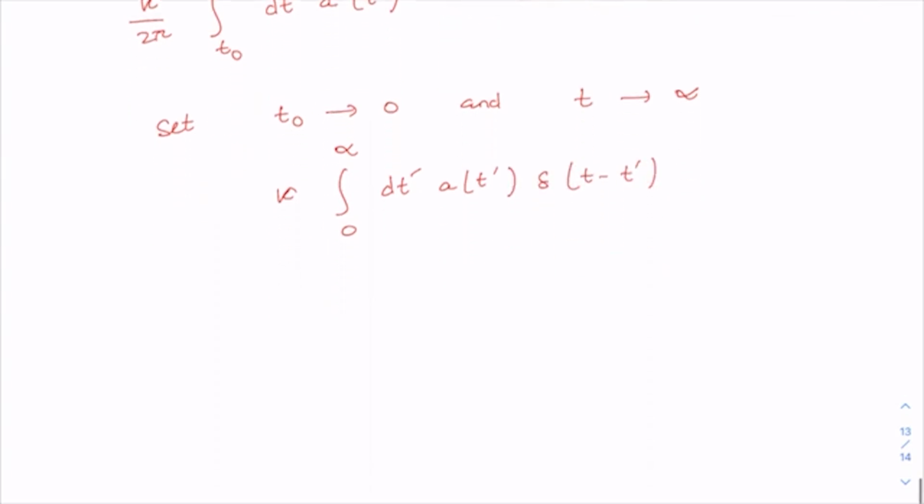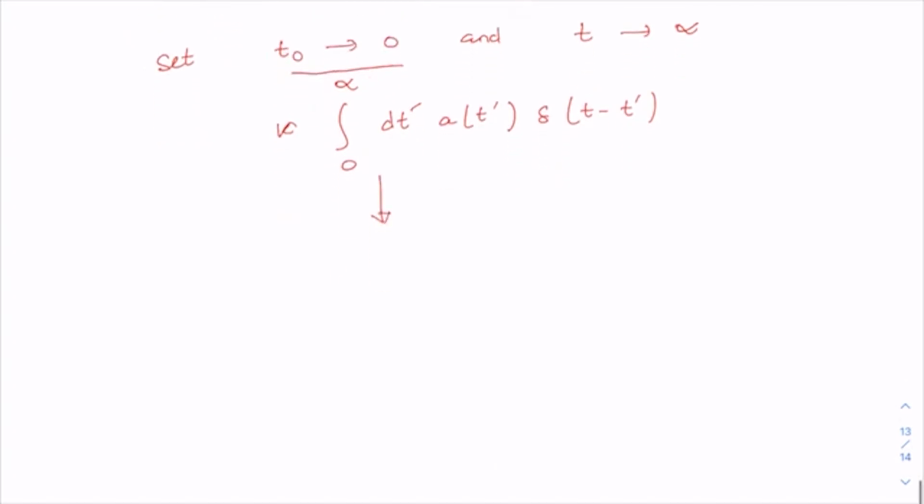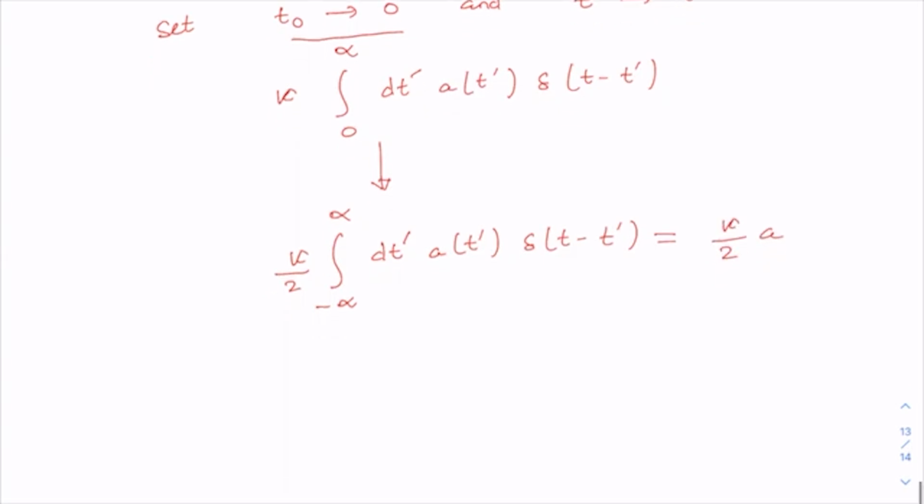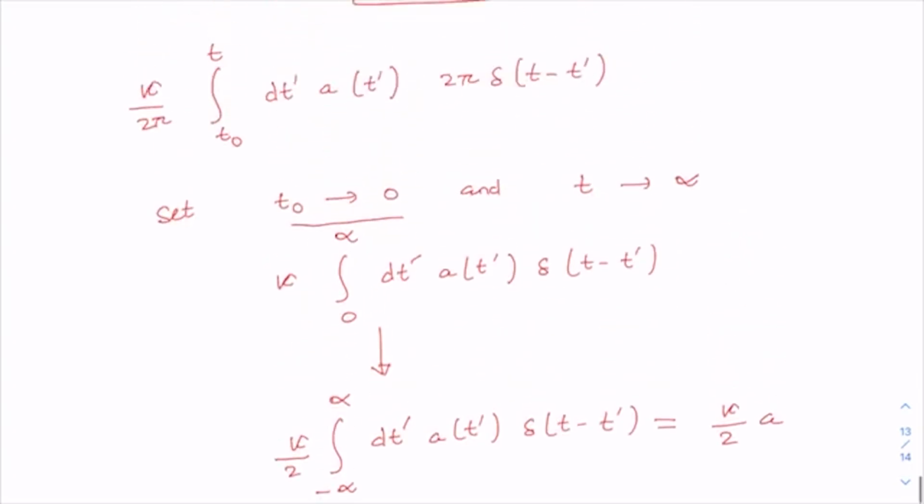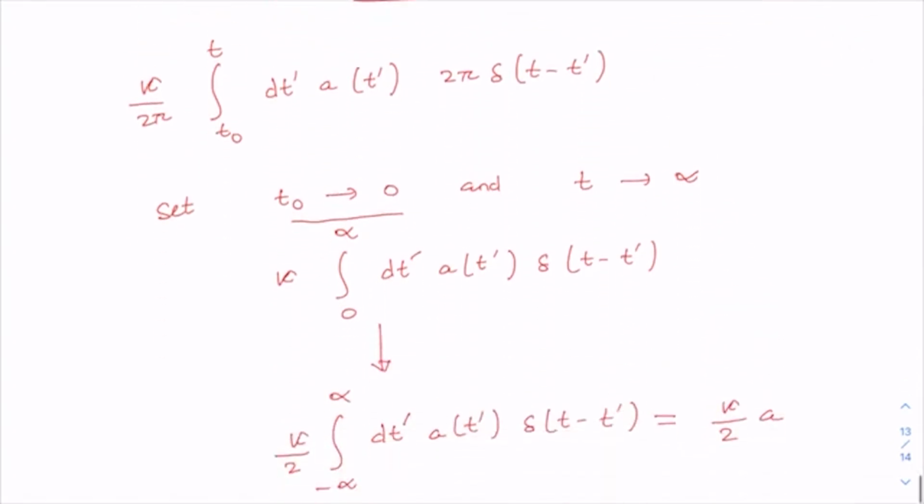But without loss of generality, rather than setting t0 at 0, we can set it at minus infinity, and then, because we are setting it at minus infinity, we have to divide by half, and we have dt dash a of t dash delta t minus t dash. Now applying the property of the Dirac delta function, this gives kappa by 2 a. So the last term gets simplified significantly.